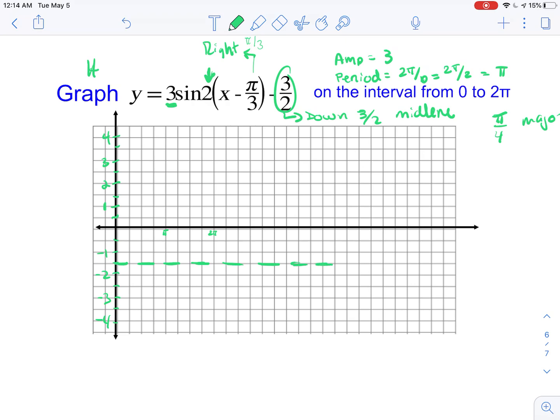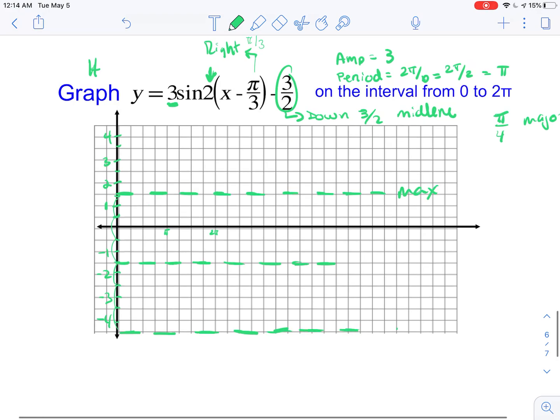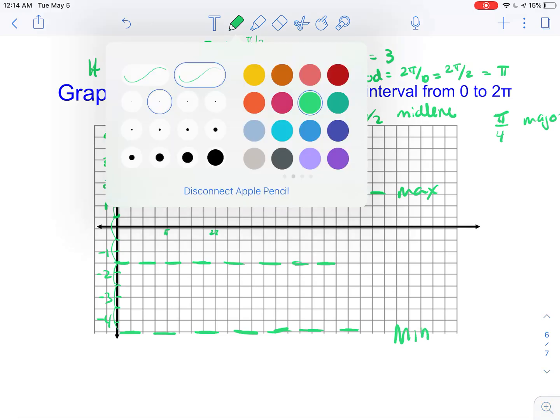Okay, so now I'm going to start at my midline, which is at minus 3 over 2, right? And I'm going to label where my maximum value is, which is going to be 3 units above this. So 1, 2, 3 is going right there at 1.5, and 3 units below this, 1, 2, 3 at negative 4.5.